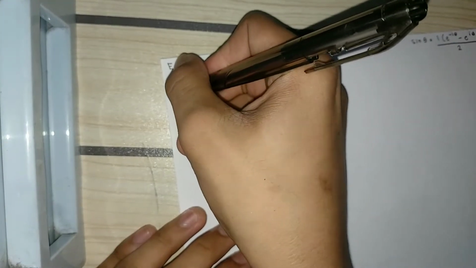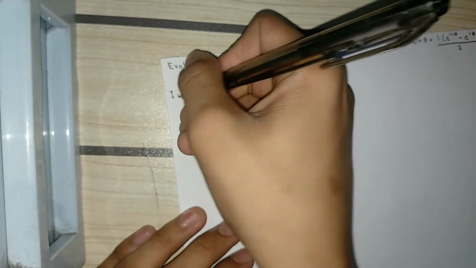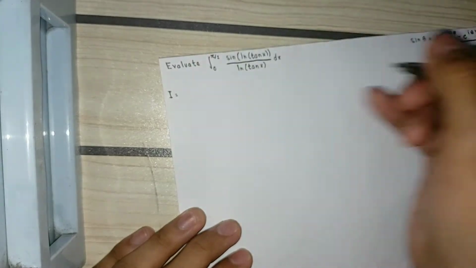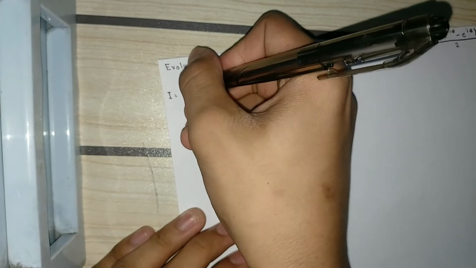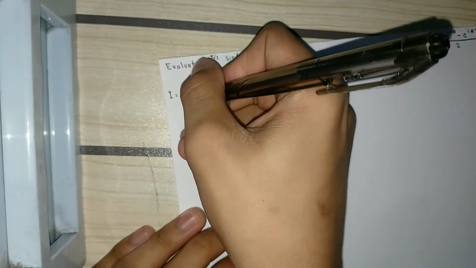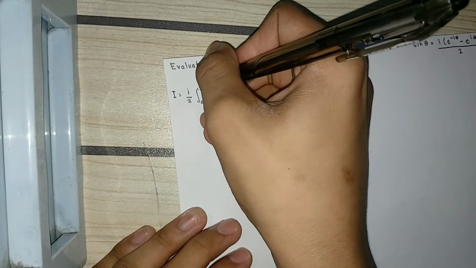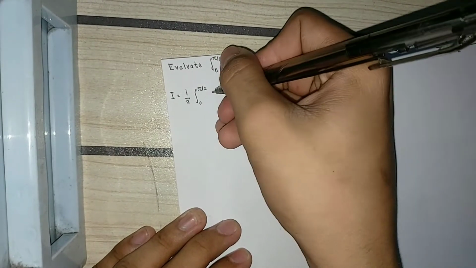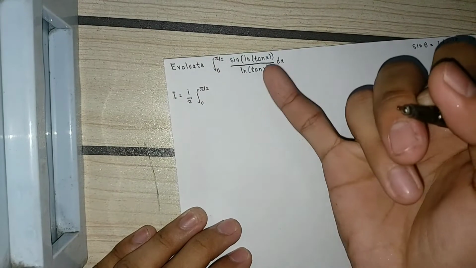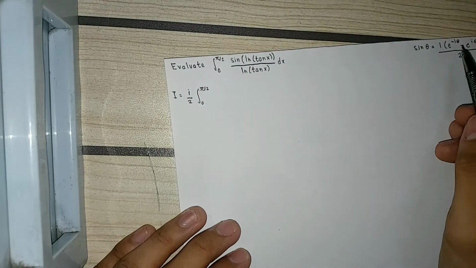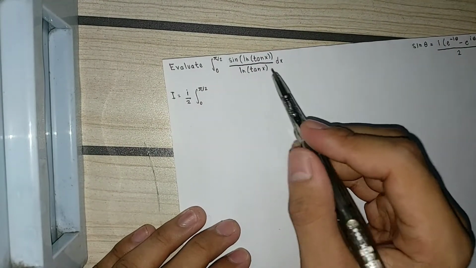So by using this fact to this integral, we will just let this integral be equal to I. So this integral is equal to i over 2 times integral from 0 to pi over 2 times we will just replace theta here as ln of tan x.